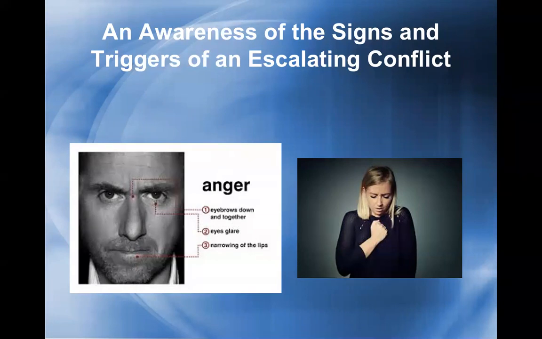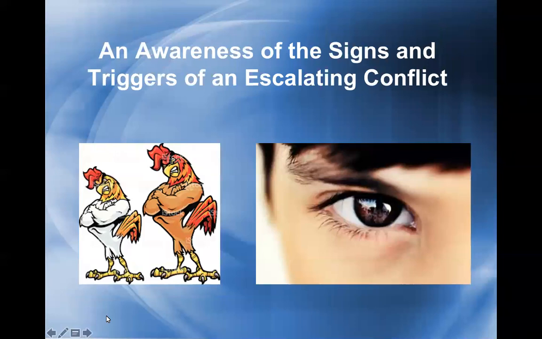And so I've given you a list here on page 4 of some of the things to look for. And the rooster stance is one of those where they're really showing more of an aggressive type of stance. And certainly, we've all dealt with people that are yelling or threatening. Maybe they don't want to comply with our policies or our rules. And I do believe that the eyes can tell us a lot.